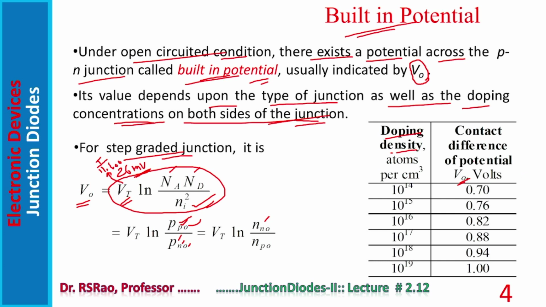So built-in potential values for different doping concentrations are given. For 10 power 14 it is 0.7. For 10 power 19 it is 1 volt. So it is less than 1 volt. Its range is roughly 0.7 to 1 volt.